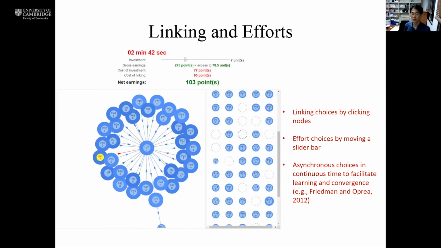People can simply click any node, and the individual can form a link if there was no link before. For those who are connected, if you want to delete the link, you can simply double click that node, and then you can delete it. And for the effort choices, we use a slider bar, as you can see at the top of the screen.